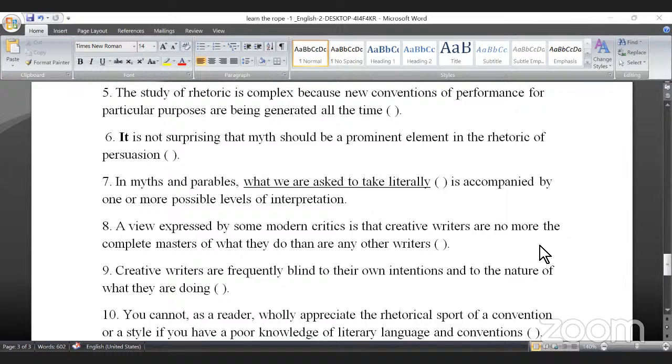You can ask the question what. Anything that answers the question what will have to be a nominal. Is it necessary, ma'am, that any clause that answers the question what is a nominal? Yes, because if you ask the question what, the answer has to be something object-like or people or something, so definitely it has to be a nominal clause.